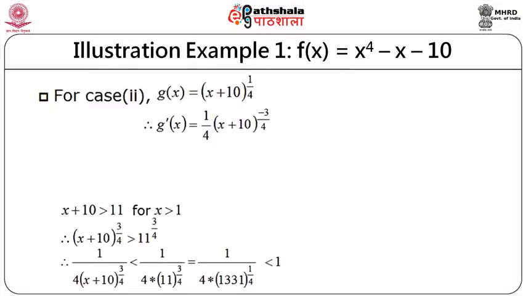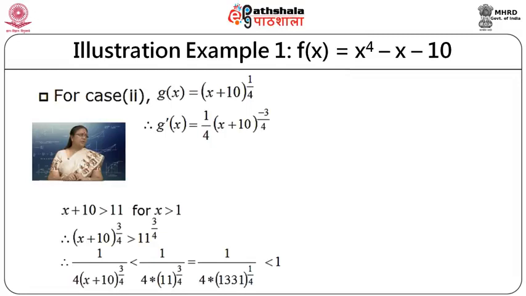Let us look at the third choice of g(x), and that is x plus 10 raised to 1 by 4. If I differentiate g(x), I get 1 by 4 into x plus 10 raised to minus 3 by 4. Here, on the interval 1 to 2, x plus 10 will be greater than 11 for x greater than 1.